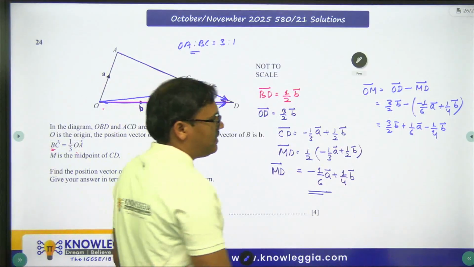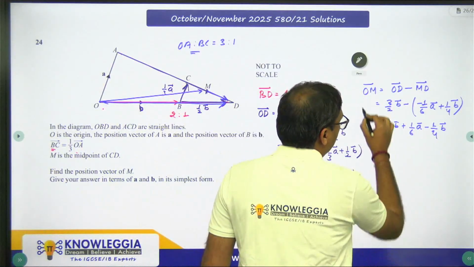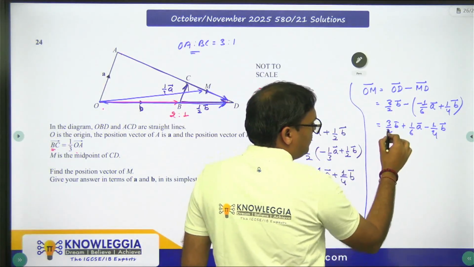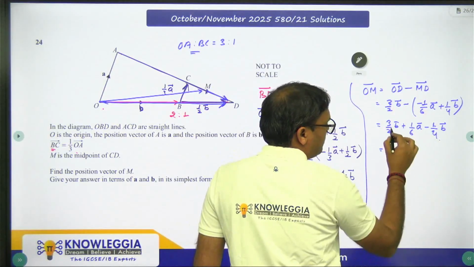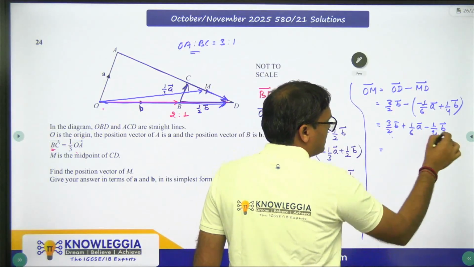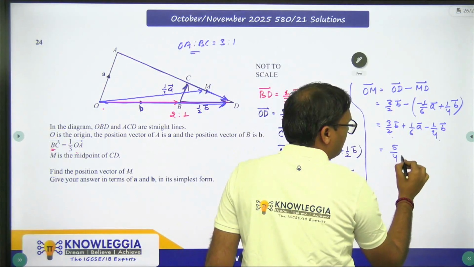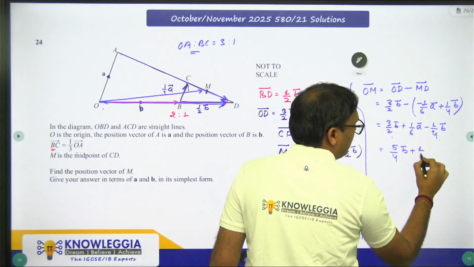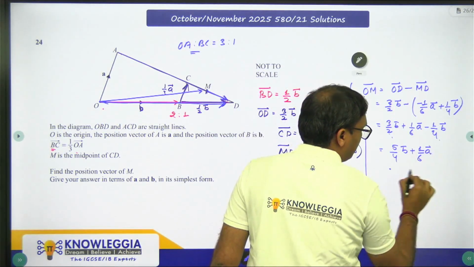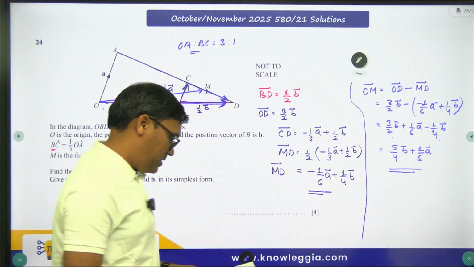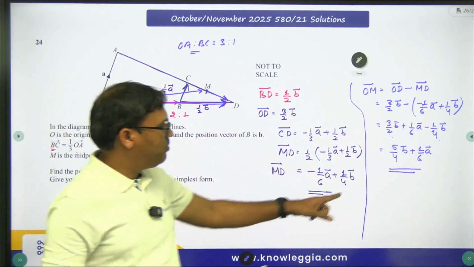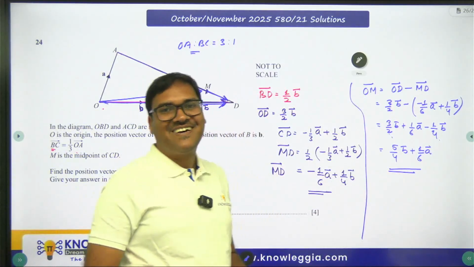Now if you simplify, we'll take these two together. So this will be 6 by 4, 6 minus 1, 5 by 4 B vector plus 1 by 6 A vector. So this is the answer. Let's check the option. This is the correct answer for this.